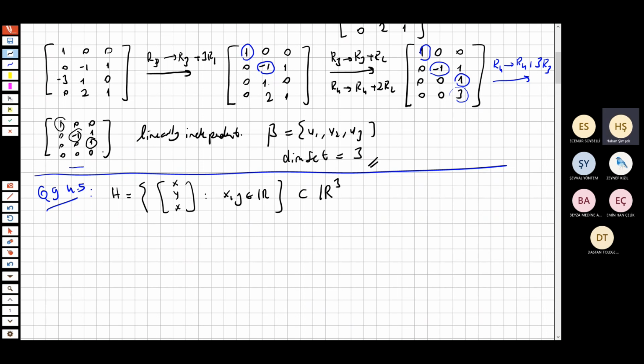So how can we find the dimension? You know, we should find the basis of this subspace. Actually, it is very similar to the previous solution.